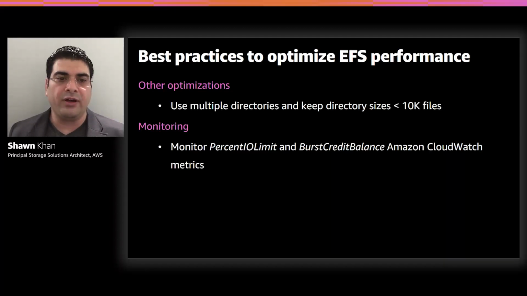And for monitoring, it's a good best practice to monitor the percentage I/O limit as well as the burst credit balance to make sure that you are provisioned correctly, especially on the base throughput, when you're looking at the burst performance capabilities or availability of burst credits.